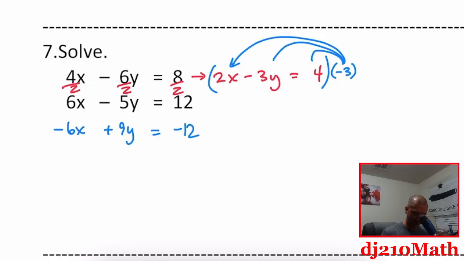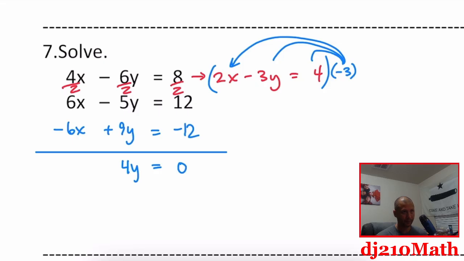All right, when we add, we get 0. 4y is equal to 0. Right, because 12 plus -12 is 0, divided by 4, and 0 divided by any number is 0. y is equal to 0.